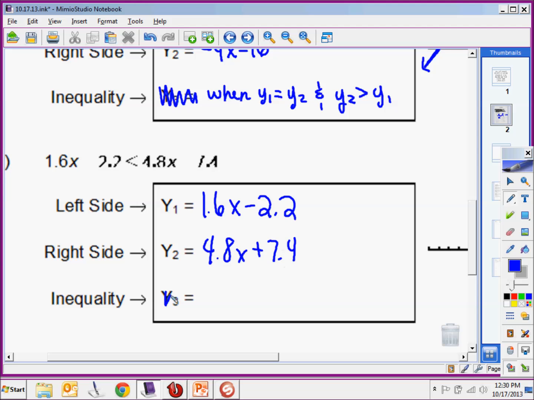What are we essentially looking for when they intersect? y1 equals y2, and when y1 is less than or equal to y2, we already handled the equal part. If you put it the other way, y2 greater than y1, that's fine. They're interchangeable.